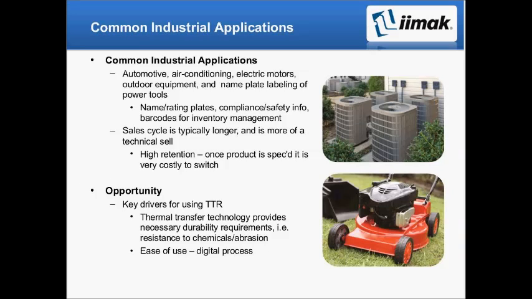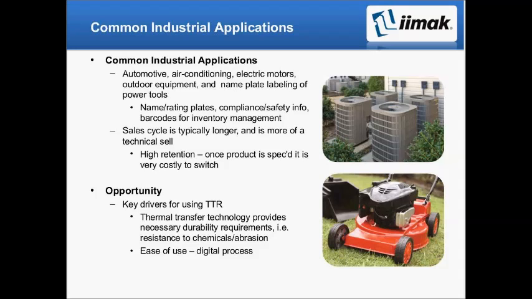The term industrial covers a wide range of applications, from household items like washing machines, cordless tools, and lawnmowers. There are also automotive components like an alternator or fuel pump, as well as capital equipment like air conditioners that you can find on the top of rooftops and most corporate buildings.